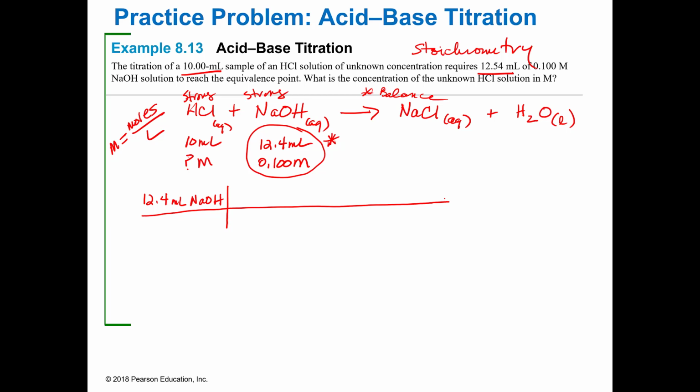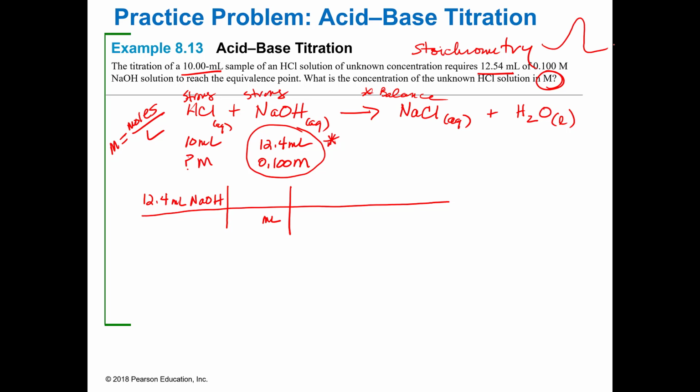So if you recall, when we're doing dimensional analysis, we're going to put on the bottom whatever we had in the top. All right, now what am I trying to get? I'm trying to get to molarity of the hydrochloric acid solution. So since I have a balanced chemical equation, I'm going to be able to use my mole ratio.